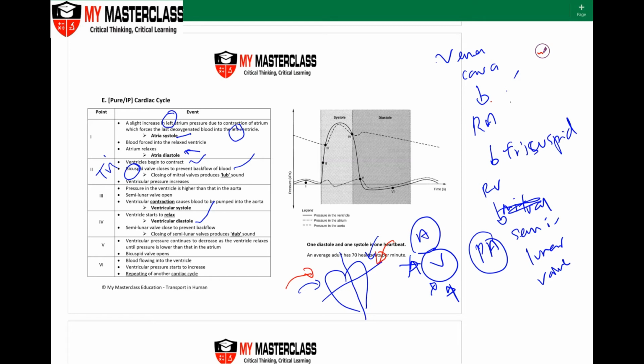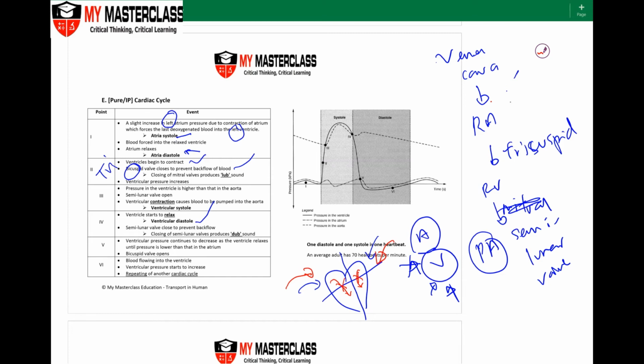Simultaneously the tricuspid valve and the bicuspid valve will open, and simultaneously blood will enter from both atria into their respective ventricles. At the same time both atria will contract to force the last bit of blood into the ventricles.